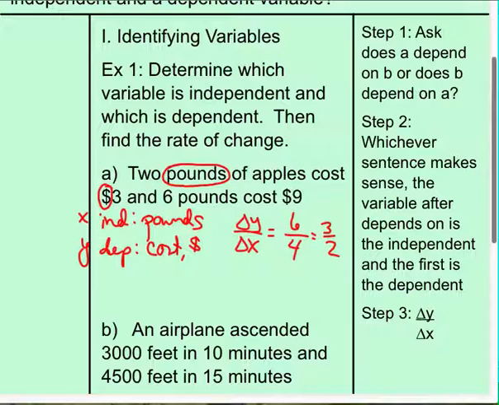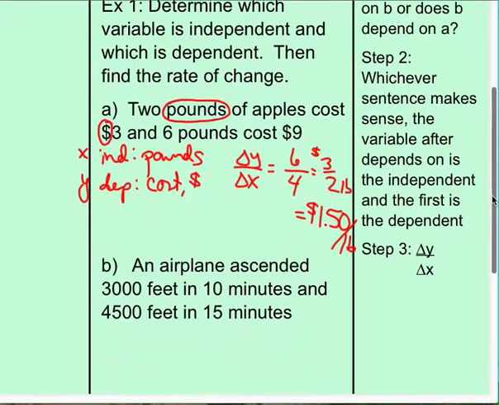But here we're talking about, if we label our answers, cost per pound. So it doesn't make sense. You don't go to the grocery store and see a sign on the apples that says 3/2 of a dollar per pound. So we're going to convert this into a decimal. Hopefully you remember 3/2 is 1.5, or $1.50 if we're talking about money. $1.50 per pound is our rate of change.